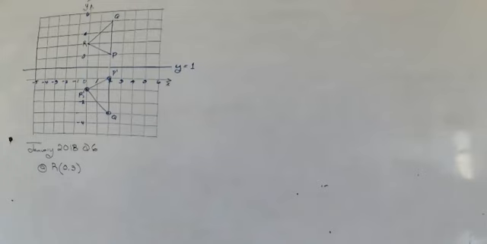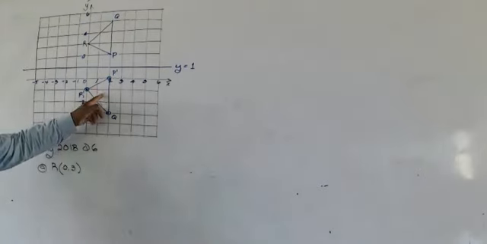What can you tell me about the line x is equal to 0? The line x is equal to 0 is the y-axis. We're asked to reflect this triangle in the y-axis.